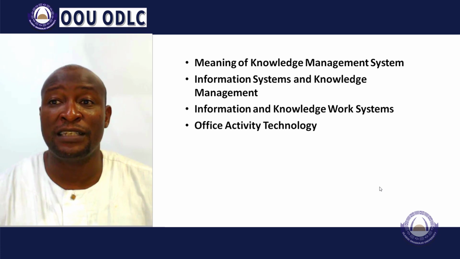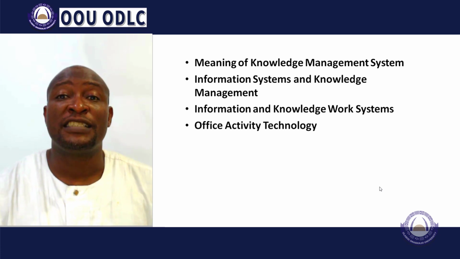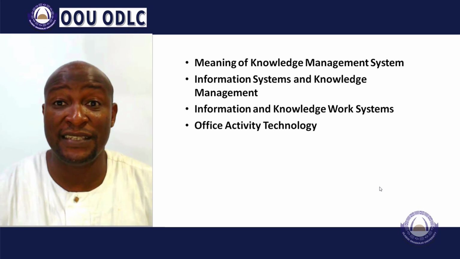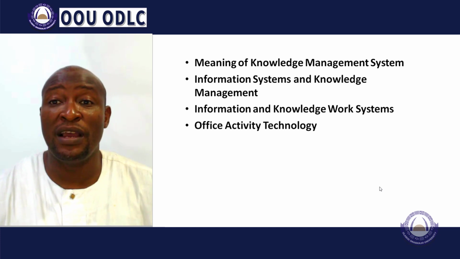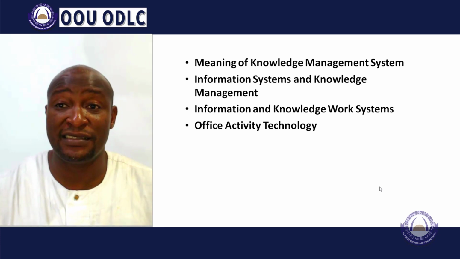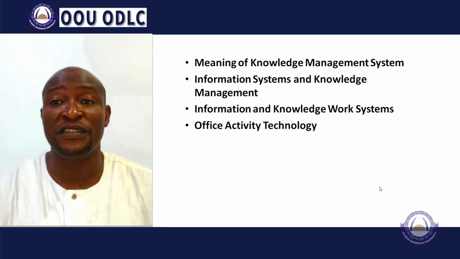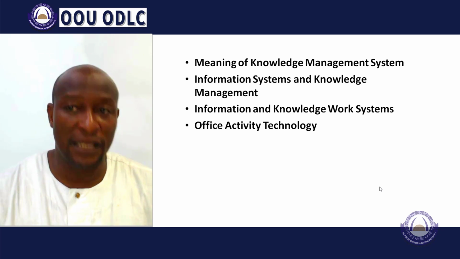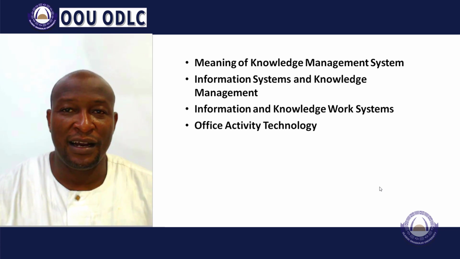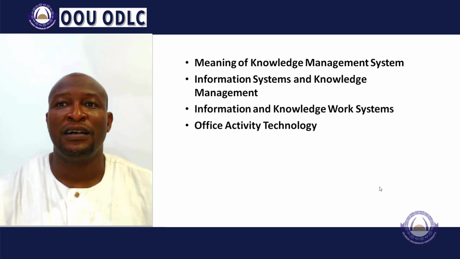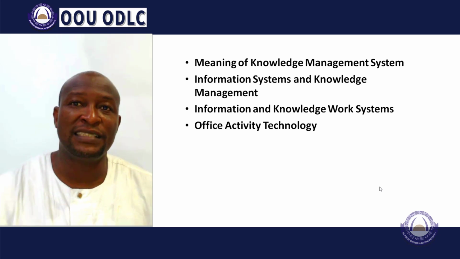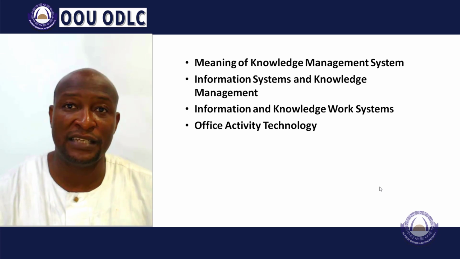The personal information management system such as Outlook, spreadsheets such as Excel, and database software such as Access in Microsoft Office. So OAS systems help disseminate and coordinate the flow of information created by someone other than themselves, both internally and externally to the organization.